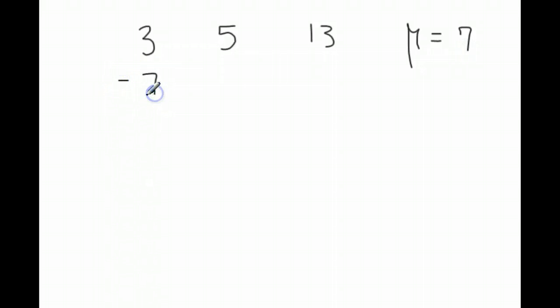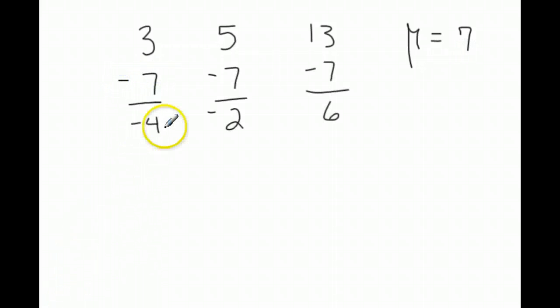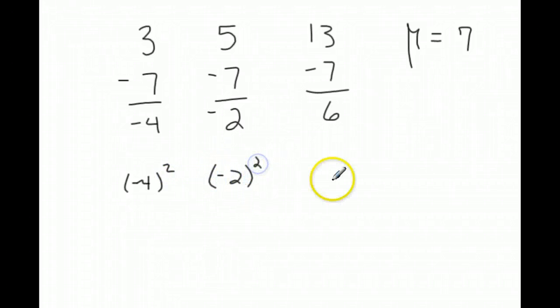So when I subtract 7, I get the same thing as before, and when I square, I get 16, 4, and 36, because it's no different all the way up until we divide after we take this sum.